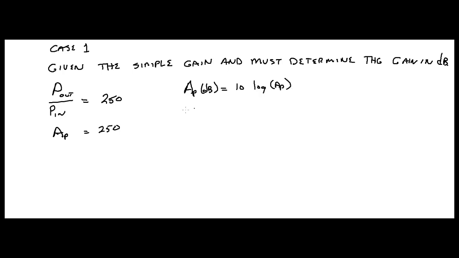Well, you're given this simple gain, so let's just plug it in. Your gain of power in decibels is going to be equal to 10 log 250. Let's bring up the calculator here.